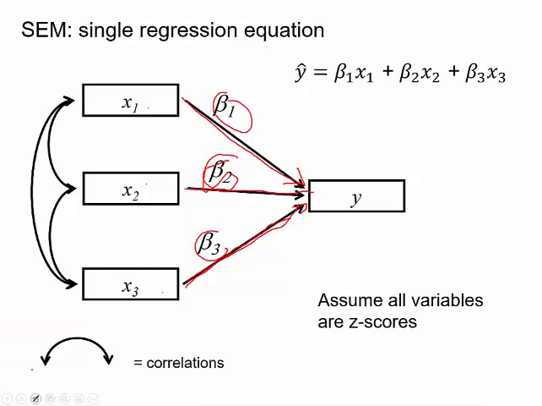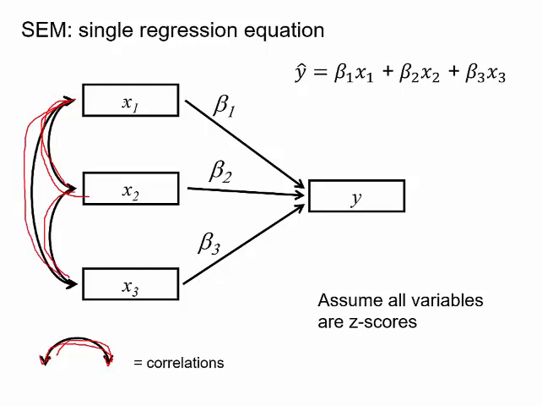And then in my model, I've also drawn some curved, not straight, some arched lines that have 2 arrows, one on each side. And I've actually got 3 of those, and those are going to indicate correlation. So I'm going to say that X1 can also correlate with X2, X2 can correlate with X3, and X1 can correlate with X3. In other words, we can run a correlation matrix and get those correlations.